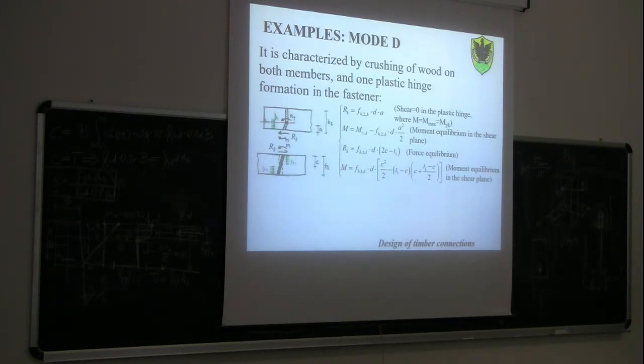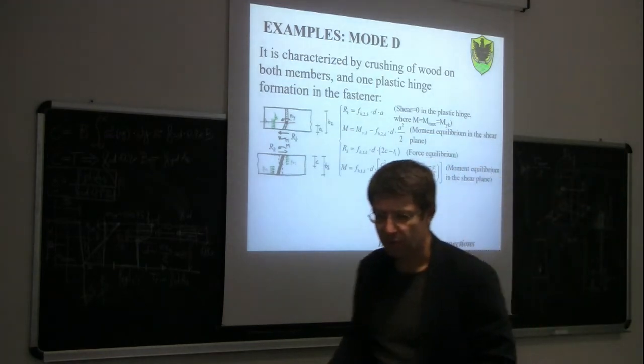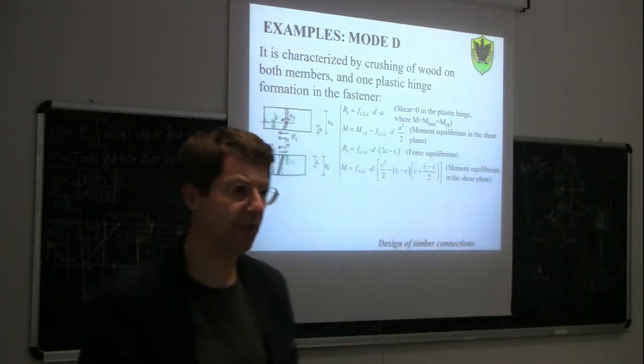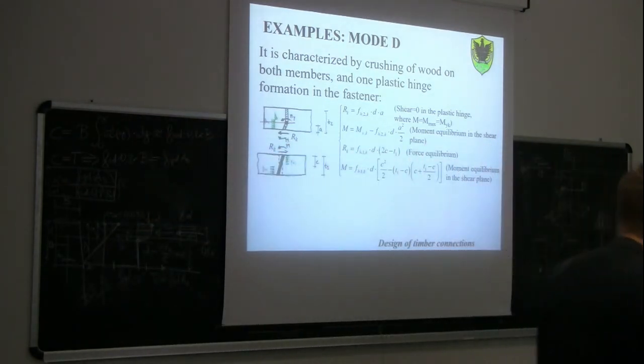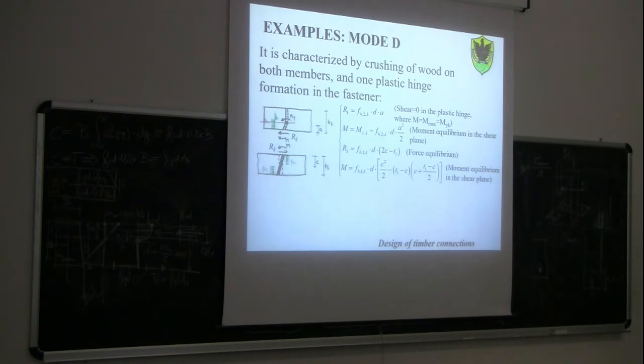So in other words, as you can see, in this method we try to consider different failure mode possibilities. For each failure mode, we write the condition of equilibrium. We solve the system.